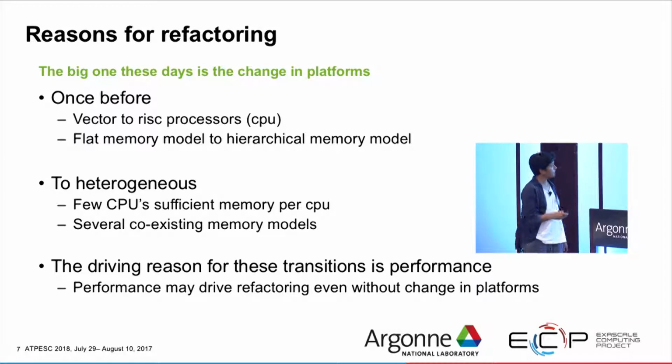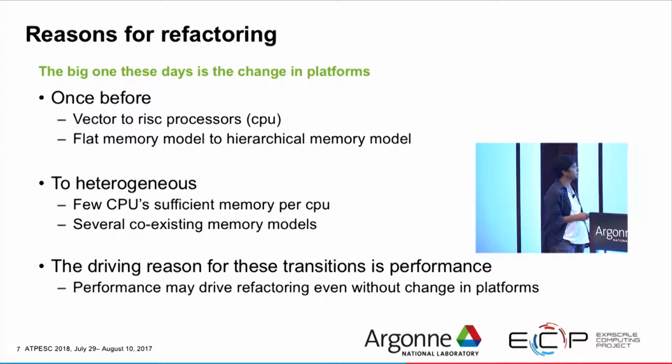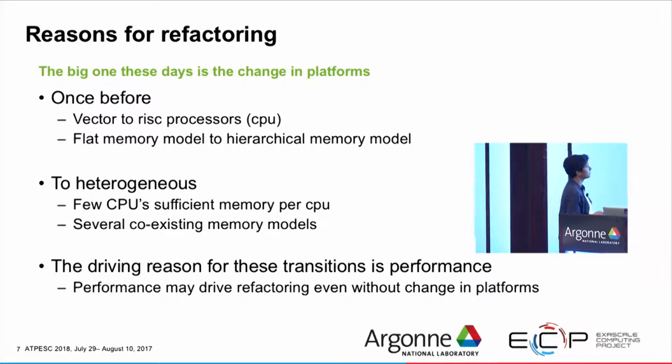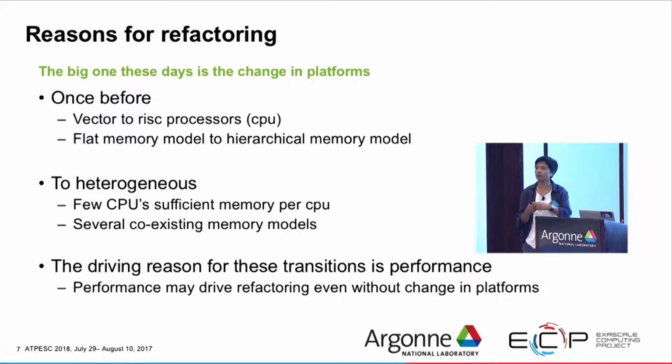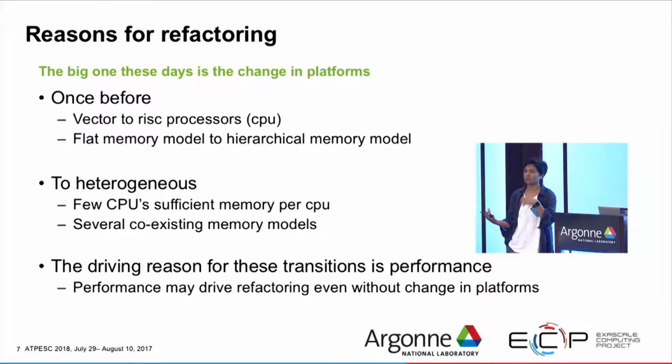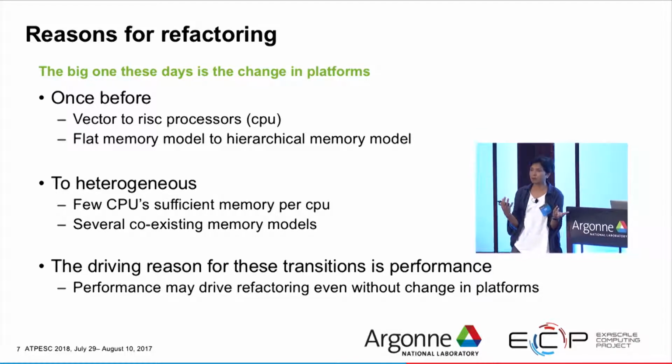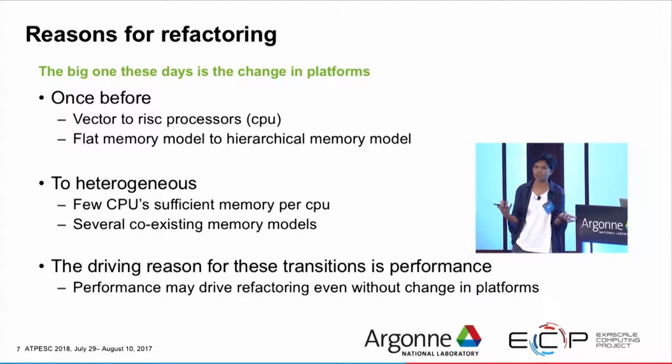And then from there we have now gone to the heterogeneous, because from having few CPUs with sufficient memory per CPU, now we are going to several coexisting memory models where we have many cores plus accelerators, and the memory mapping is different between the accelerators and the cores. Then there are coherence domains.